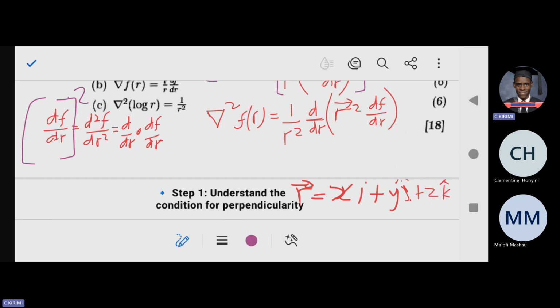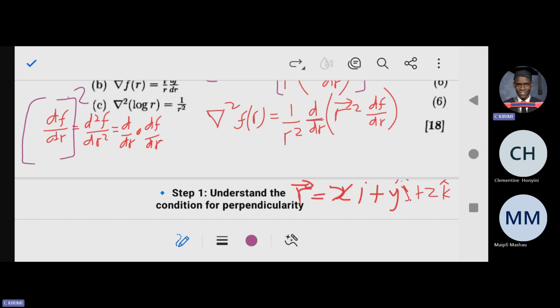We are going to use what we have found here to solve for grad squared of a function of R, which is 1 over R squared d dr of what is inside the bracket, so we differentiate what is inside the bracket, and then df dr.